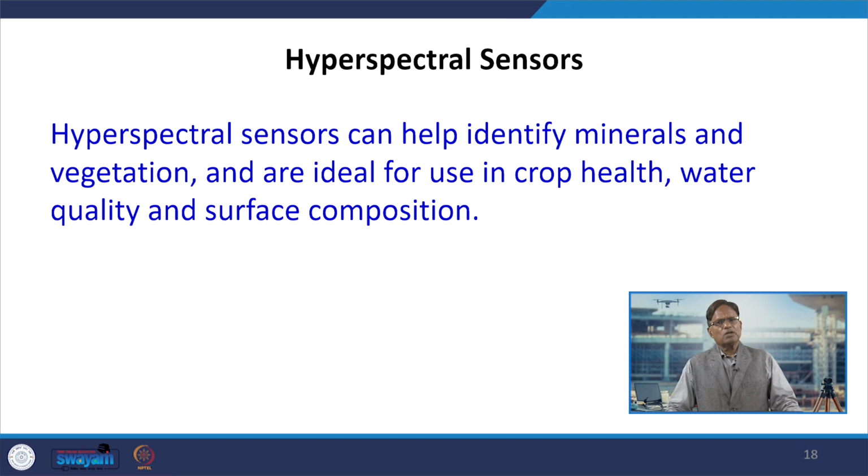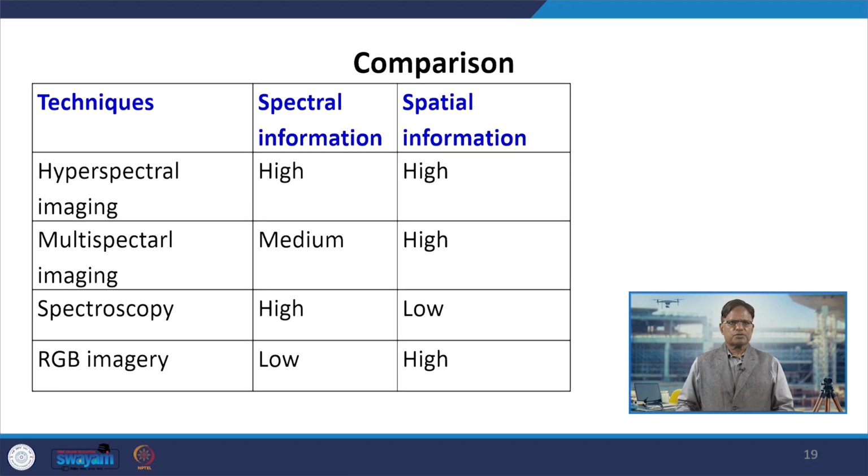Then we also have images from hyperspectral cameras. Hyperspectral sensors will help us identify minerals and vegetation, and they are ideal for use in crop health, water quality and surface composition. So, we can analyze hyperspectral images for very specific applications.